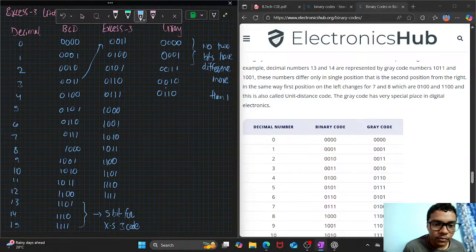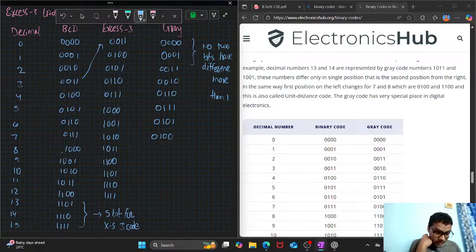For 5: 0, 0 plus 1 is 1, 1 plus 0 is 1, and 0 plus 1 is 1. For 6: 0, 0 plus 1 is 1, 1 plus 1 is 0, 1 plus 1 is 0, and 1 plus 0 is 1.